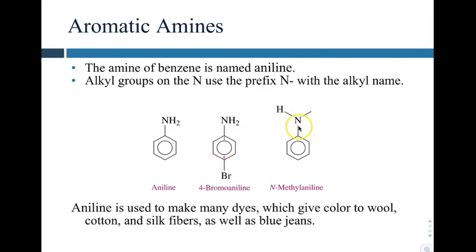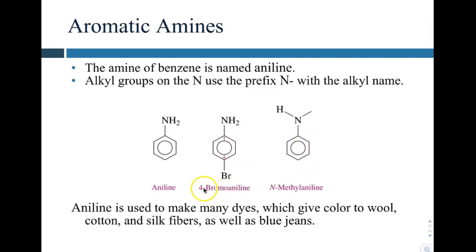Now, if you have something of interest attached to the nitrogen, not to the benzene, you put an N in front of it, meaning there's a methyl, where is it? On the nitrogen. Okay, and so kind of like numbering which carbon it would be if it were on the ring, if it's hanging off the nitrogen, you put an N instead of a number of carbons.